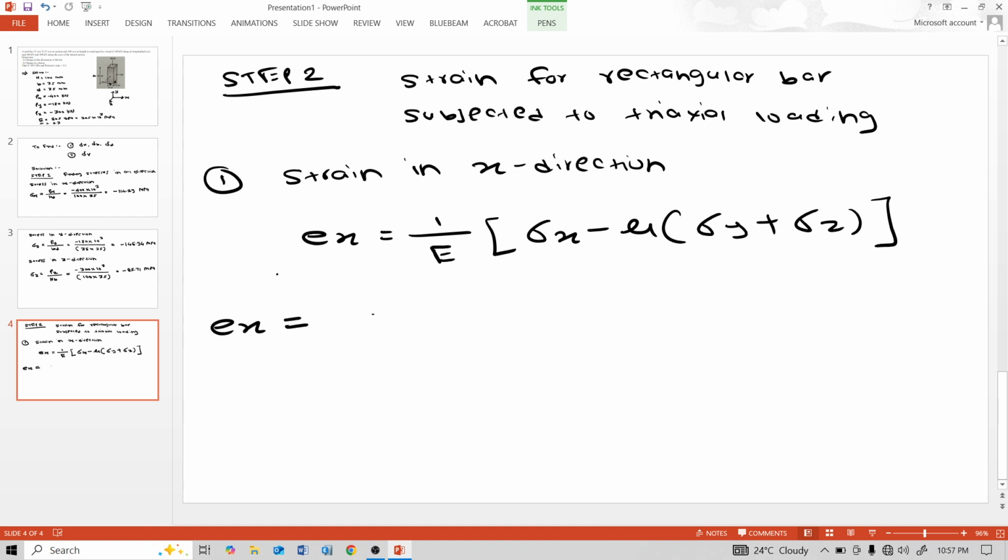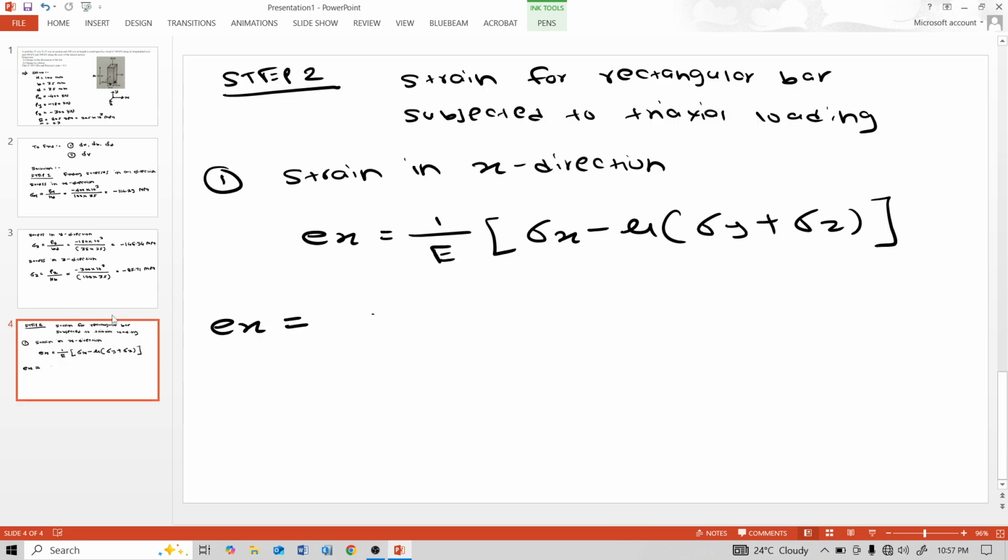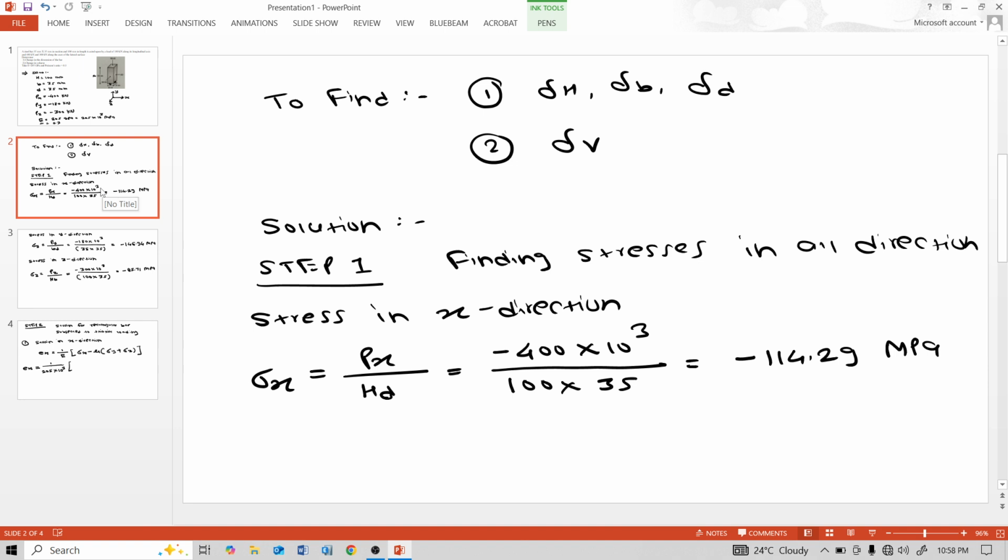Epsilon x is equal to 1 upon 205 into 10 raised to 3 MPa, where modulus of elasticity is 205 into 10 raised to 3 MPa. Stress in x direction is minus 114.29.